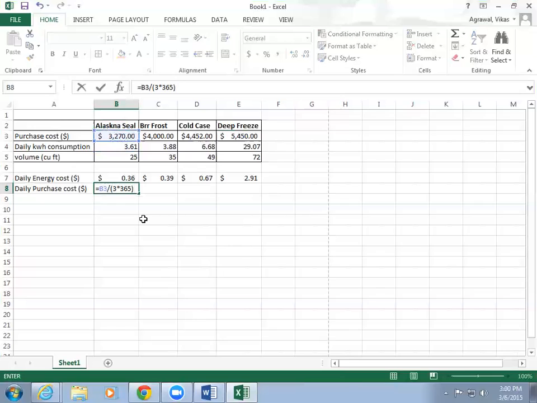I'm sorry, tell me why you had the 3? Because the cost is spread over 3 years. Yeah, and we have to bring that purchasing cost to a daily cost basis so that we can calculate the productivity. Remember, guys, in the exam as well, always bring all the units to the same domain.